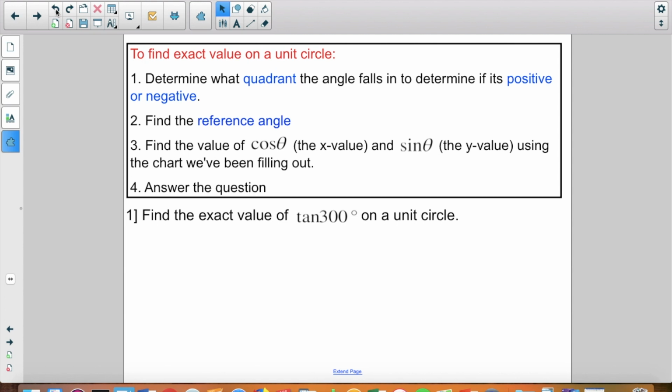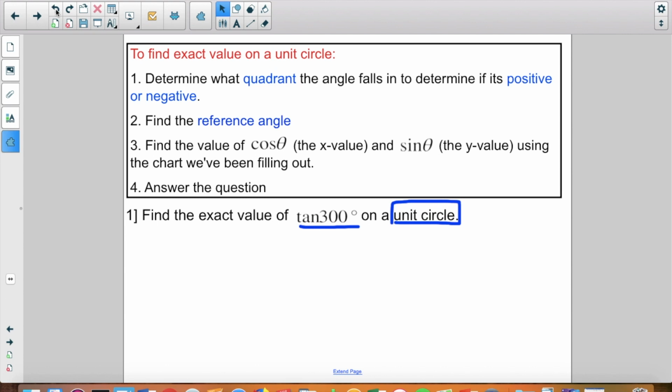Then we find the cosine, which is the x value, and the sine, which is the y value, using the chart that we've been filling out, and answer whatever question it's asking us. So it says, find the exact value of tangent of 300 on a unit circle. Since it's on a unit circle, that's why we use this process.